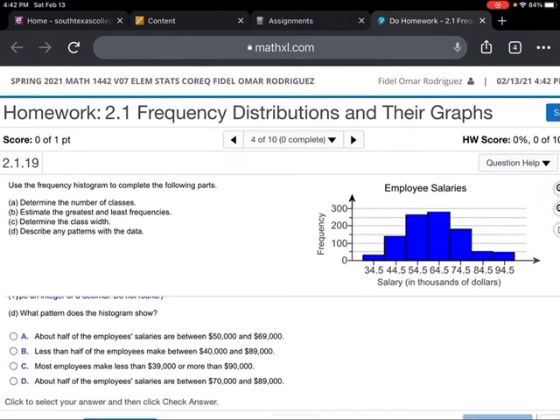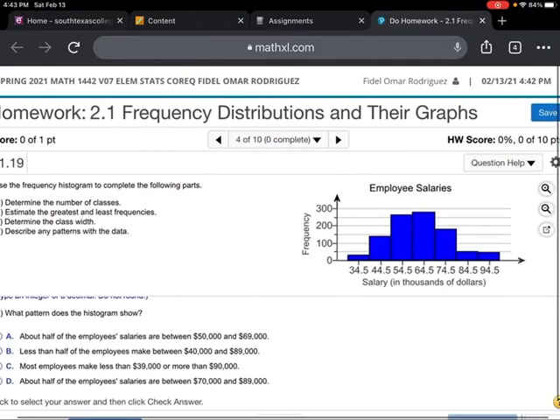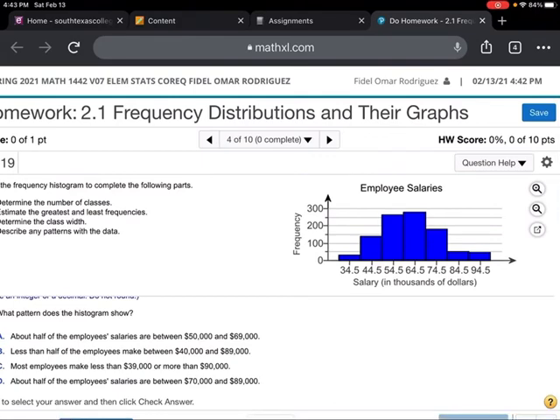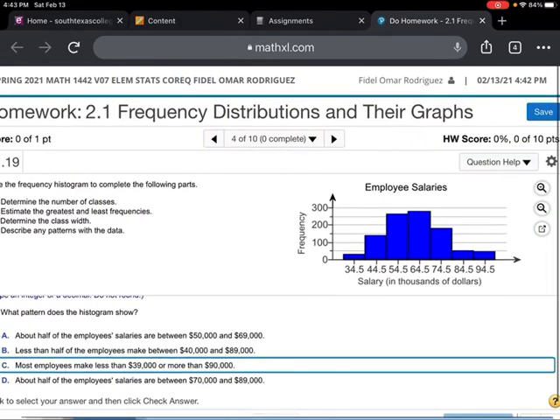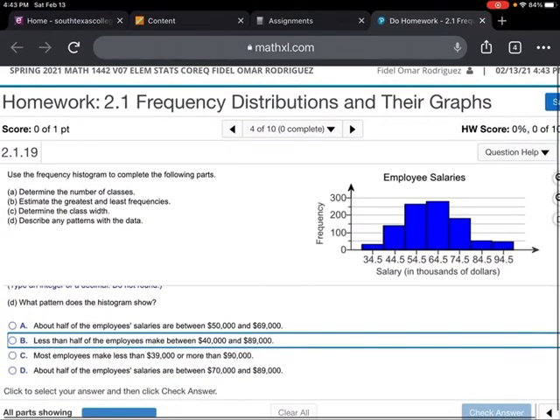Part C says most of the employees make less than 39 or more than 90. No, because there's very few down here on the bottom left and there's very few on the bottom right. And then, so I know that B and C are not it. And then it says about half of the employees are between 70 and 89,000. Okay, 70 and 89,000.